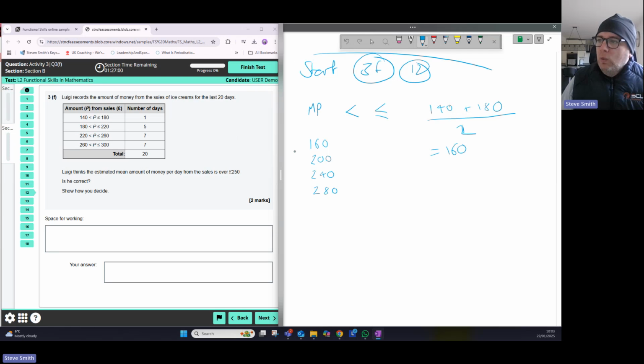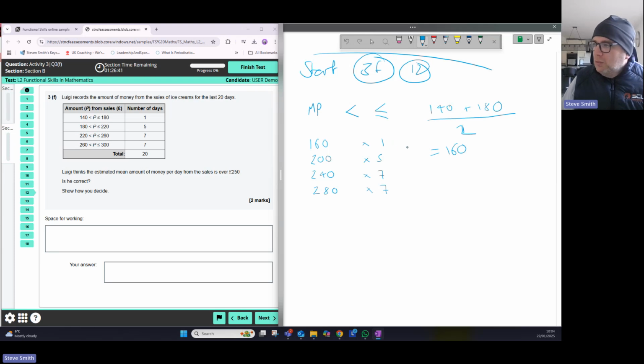So we've got about 160 pounds times by 1 person. And then here, about 200 times by 5 persons. About 240 times by 7, and then about 280 also times by 7.